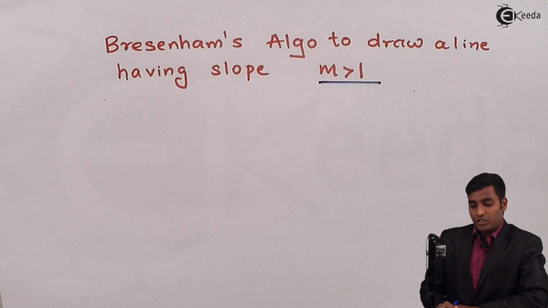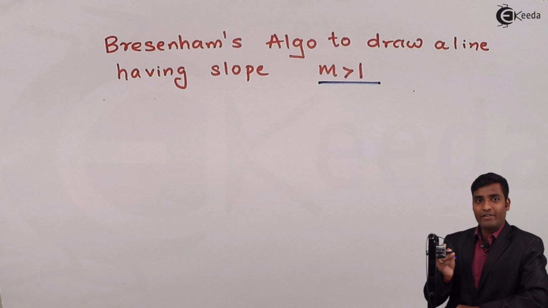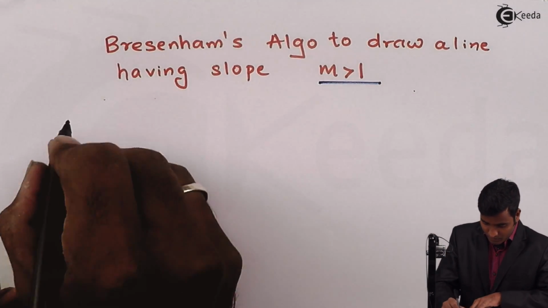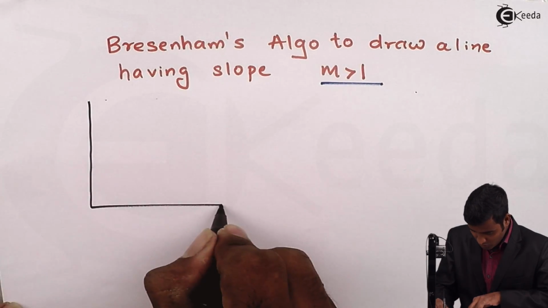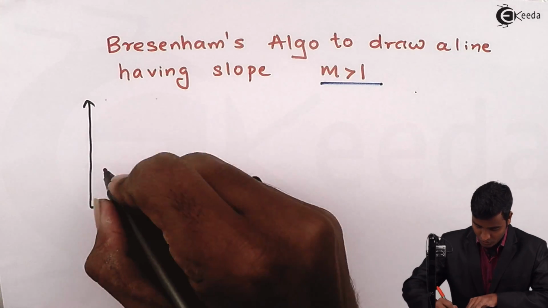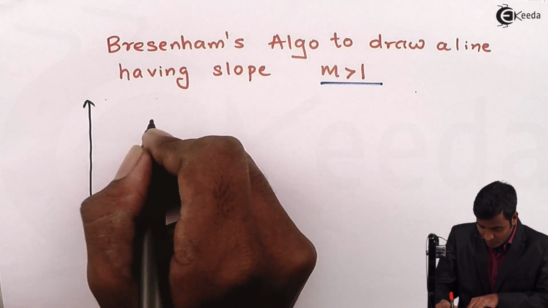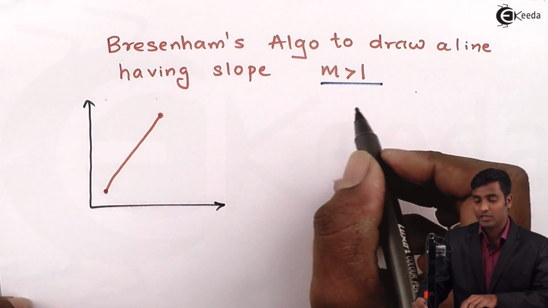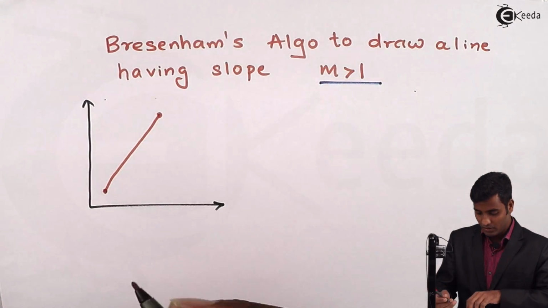So when the slope is greater than 1, the line will be bending towards the y-axis, because the slope is greater than 1.